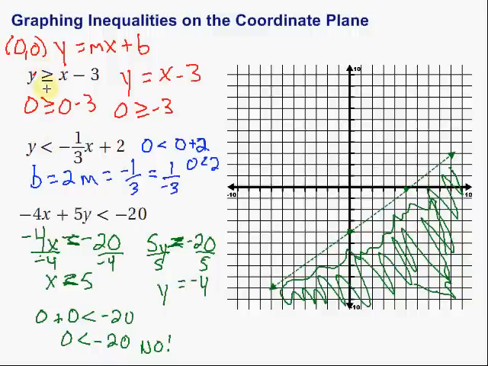If it's just less than or just greater than, then it's going to be a dashed line. Then we need to determine which side we shade. So we do that by choosing a point. If it works, we shade the side that contains that point. If it does not work, we're going to shade the opposite side.